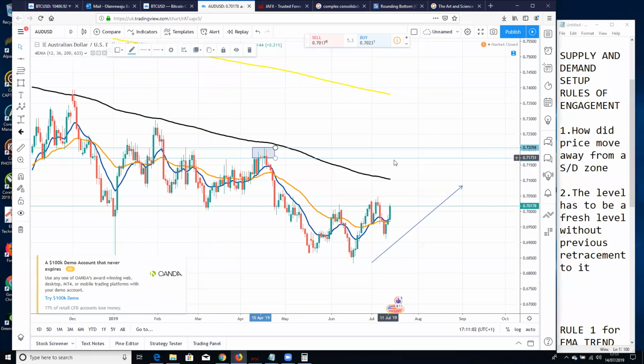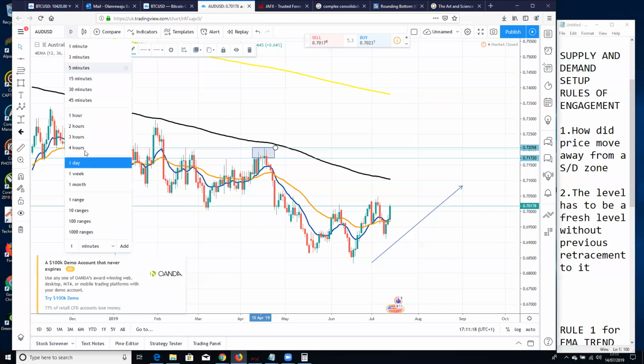So there might be a difficult time for us to actually get to this supply zone. This would have been a high probability area, but we have the 200-day moving average coming in very quickly as well, which can be another area for us to look for.